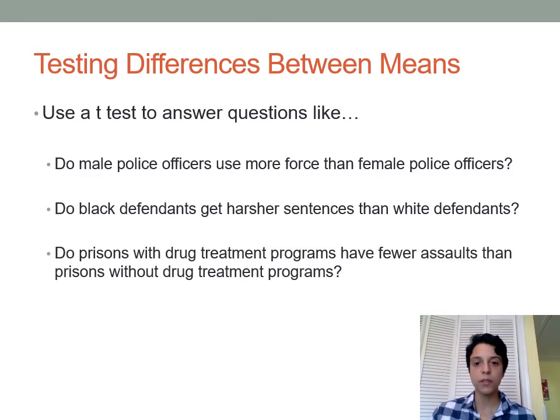Do prisons with drug treatment programs have fewer assaults than prisons without drug treatment programs? What you should see all of these have in common is that we're comparing two groups to each other. And specifically, we're looking to see whether both groups have the same level of some variable or different levels of some variable. So that's what we can do with a t-test that looks at differences in means.